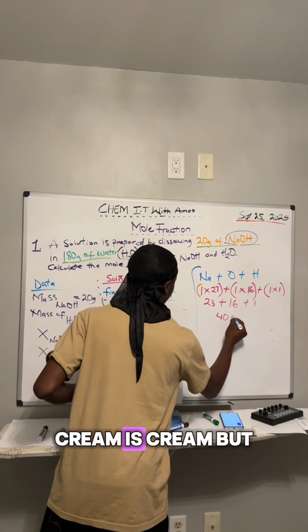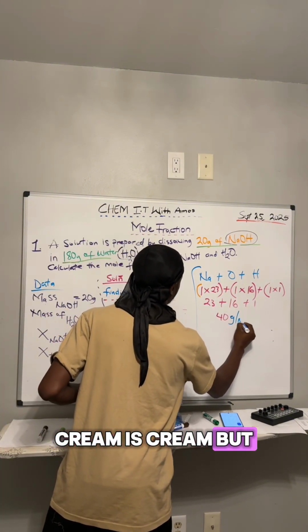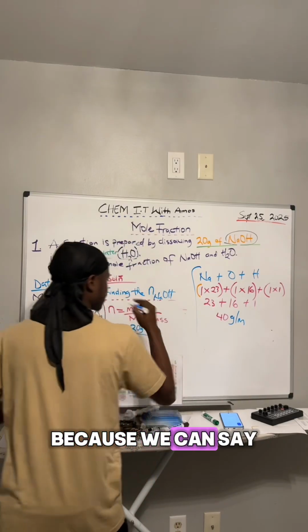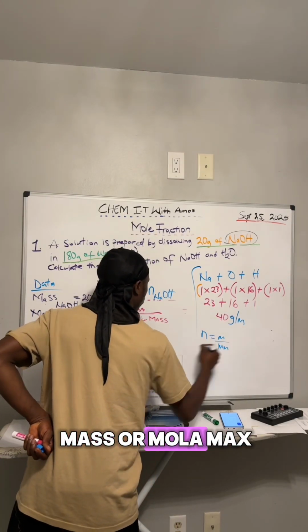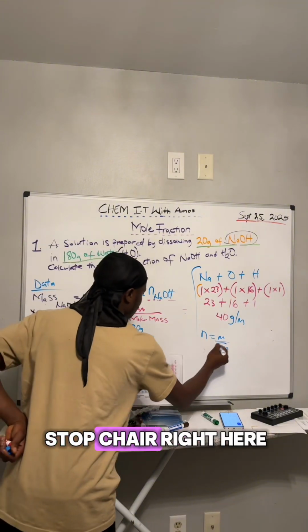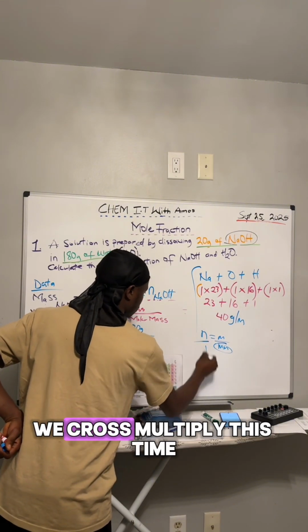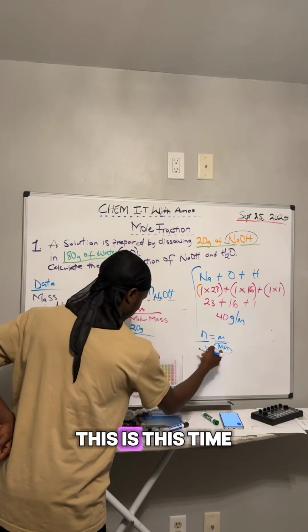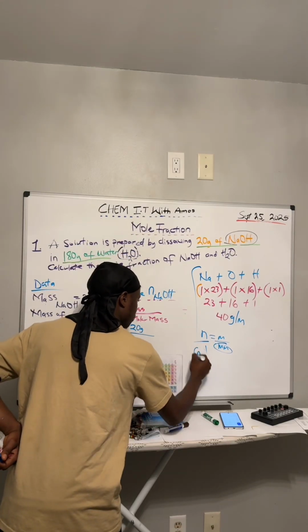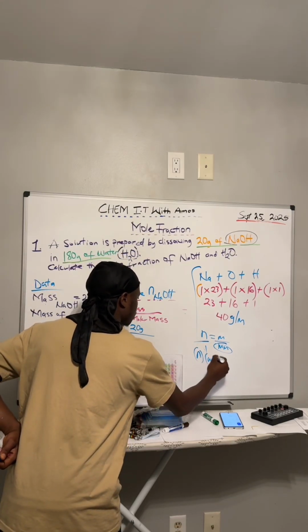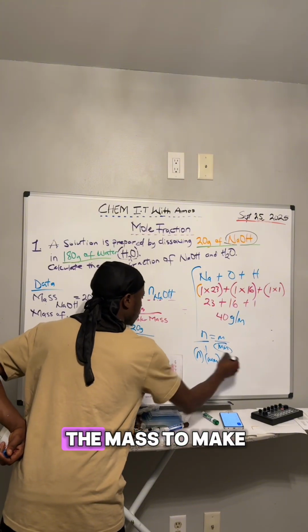The unit for molar mass is gram per mole. Why? Because mole is equal to mass over molar mass. To make molar mass the subject, we cross multiply, so molar mass times mole is equal to the mass.